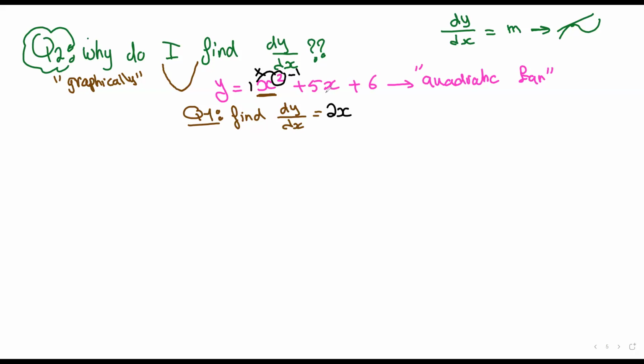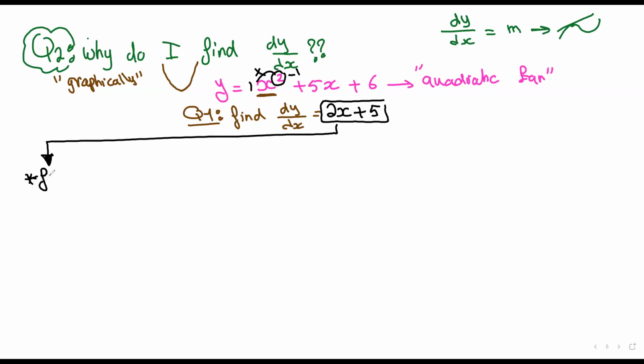And we said if the x has a power of 1, your differentiation is the coefficient, removing the x. So this is the differentiation, that's dy by dx. And we said this expression represents the gradient of the tangent. Let's see all the questions that you might be asked after you find dy by dx. The first thing that you might be asked after finding dy by dx, the examiner comes and says what?